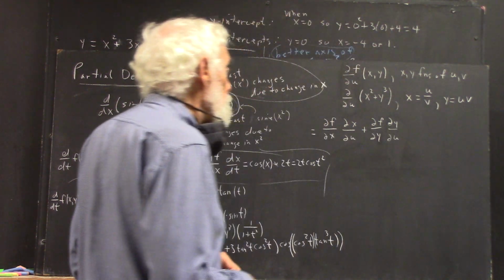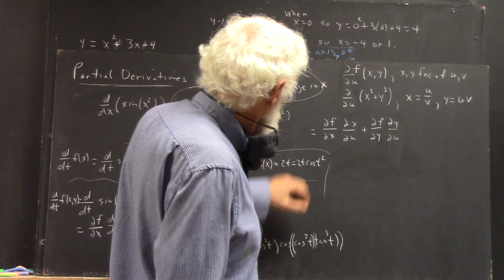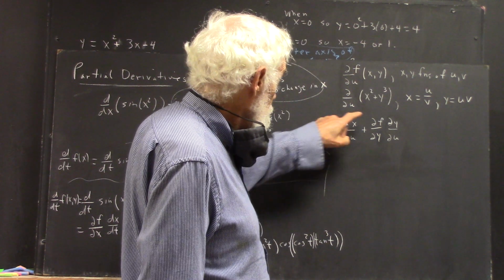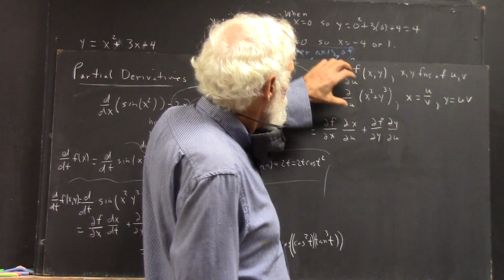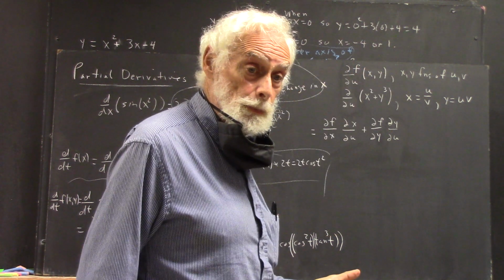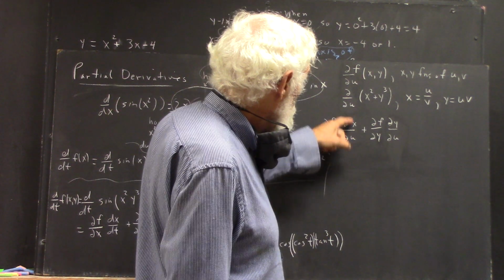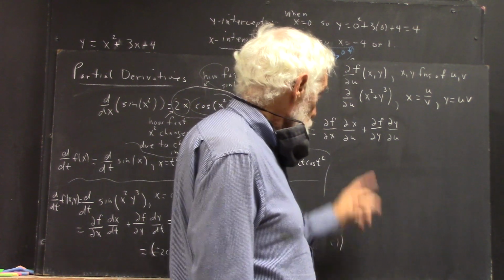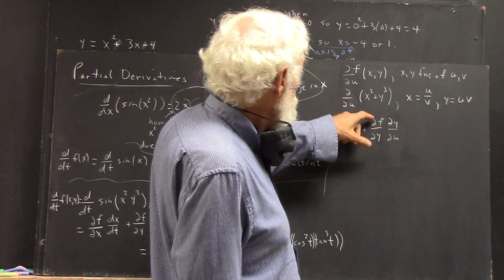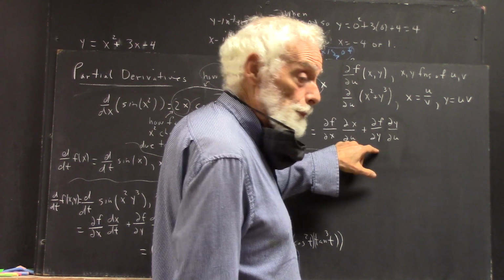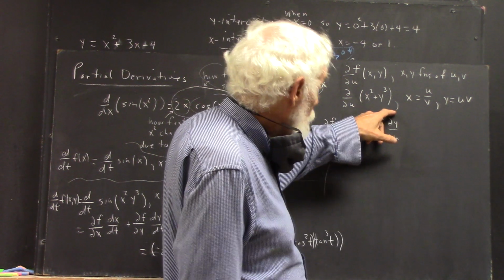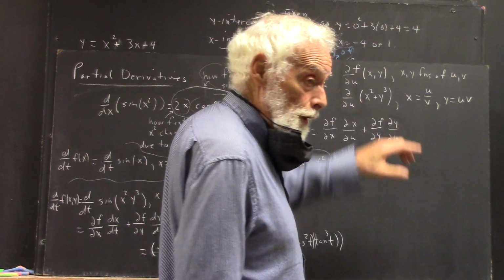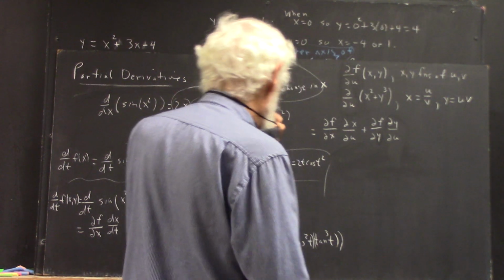So what we get is the partial of f with respect to x, which tells you how fast a change in x makes x squared plus y cubed change, multiplied by how fast a change in u causes x to change. Here, you multiply how fast this function changes with respect to y by how fast y changes with respect to u. And that gives you how fast this whole thing changes with respect to u.